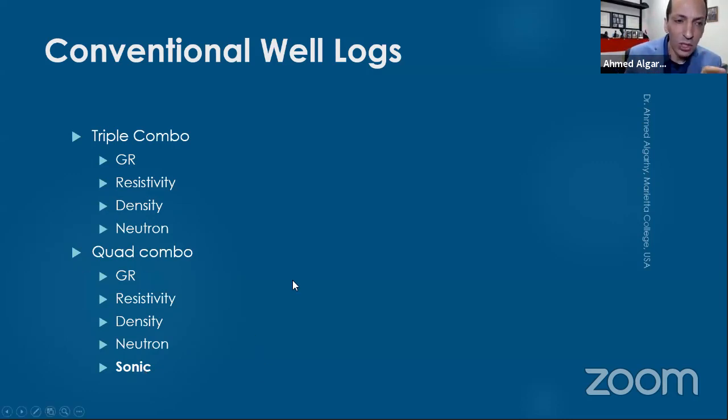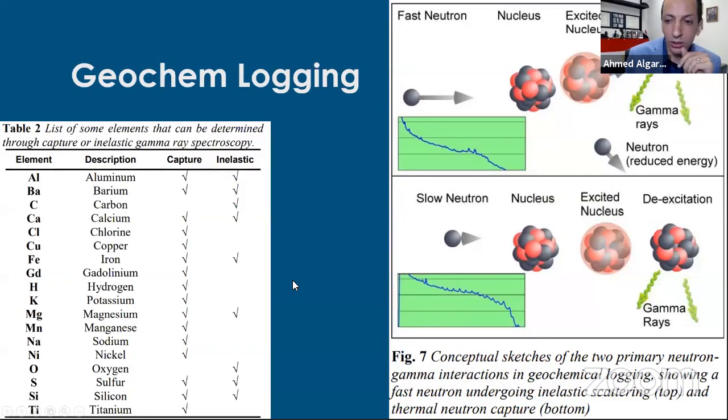Okay, why am I teaching you something about conventional well logging? Simply because for shale, we need to do some special well logging. Like geochem logging, we have a tool that measures the elements inside that formation. And the tool itself can translate these elements into minerals.